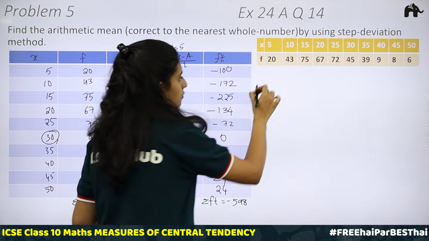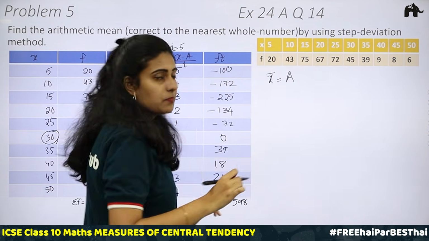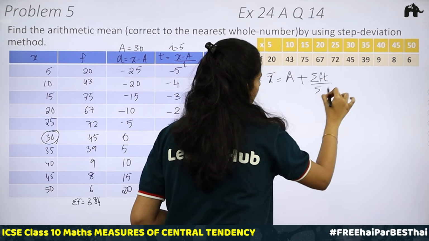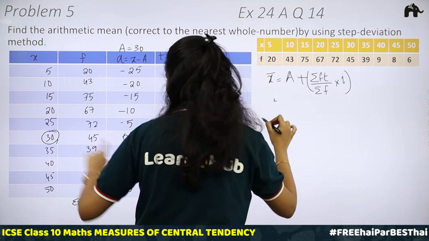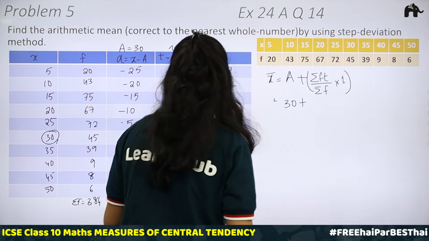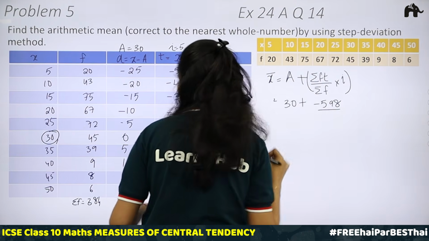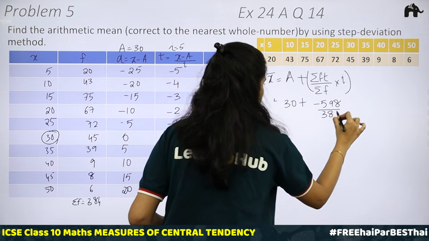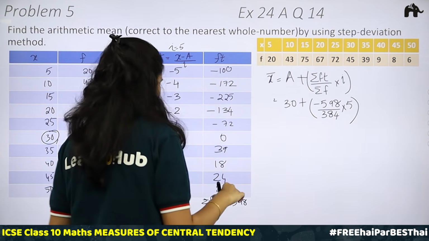Next, what is the formula to find mean using the step deviation method? Assumed mean A plus sigma ft by sigma f into I. Now, put the values. Here the assumed mean is 30 plus sigma ft, which is minus 598, divided by sigma f, which is 384, into I, which is 5.